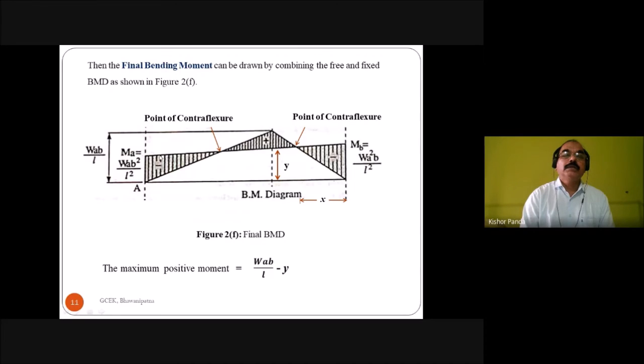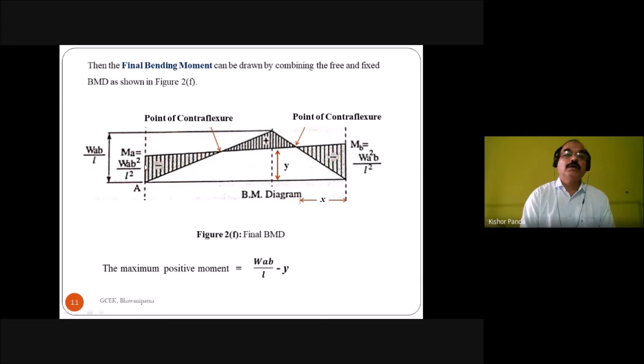This portion cancels each other due to positive and negative, because the free bending moment diagram is positive and the fixed bending moment diagram is negative. So the remaining portion is negative, positive, and negative. This is the combined bending moment diagram.